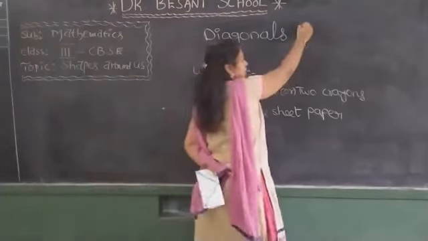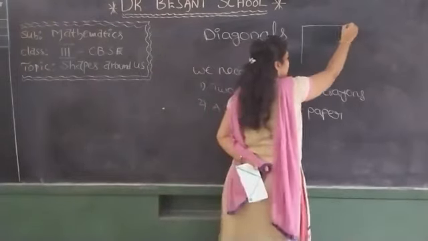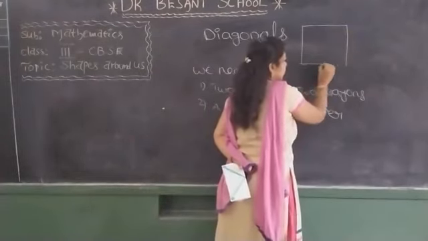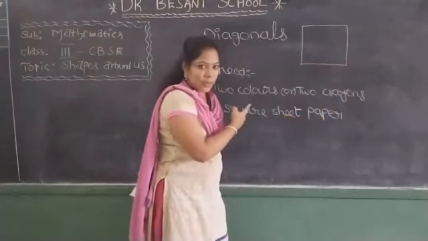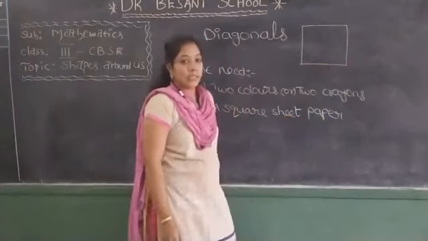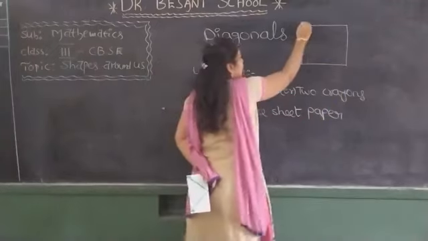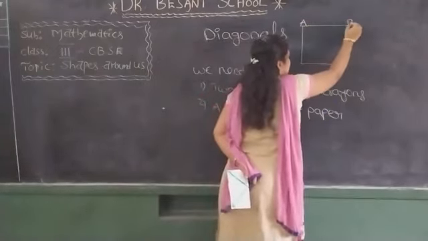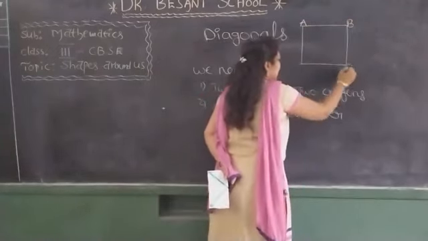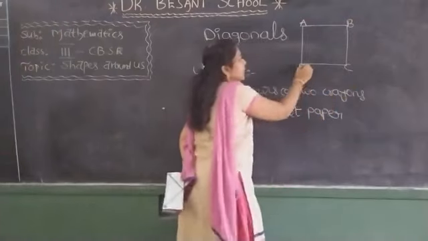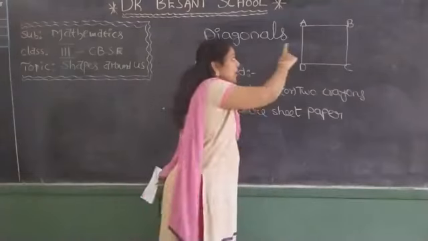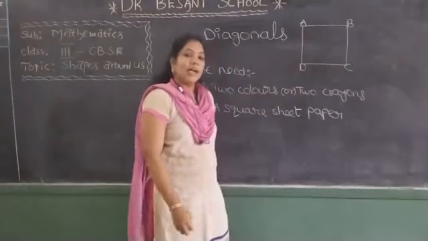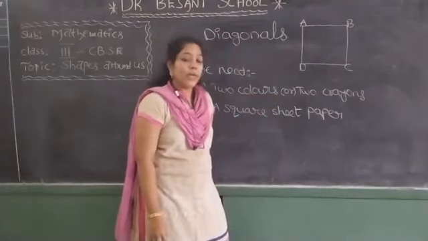For your convenience, I am drawing again on the board. See, this is the square. Is this a square? Good. Now I am writing the names as A, B, C and D. What are these four? Either corners or vertices.